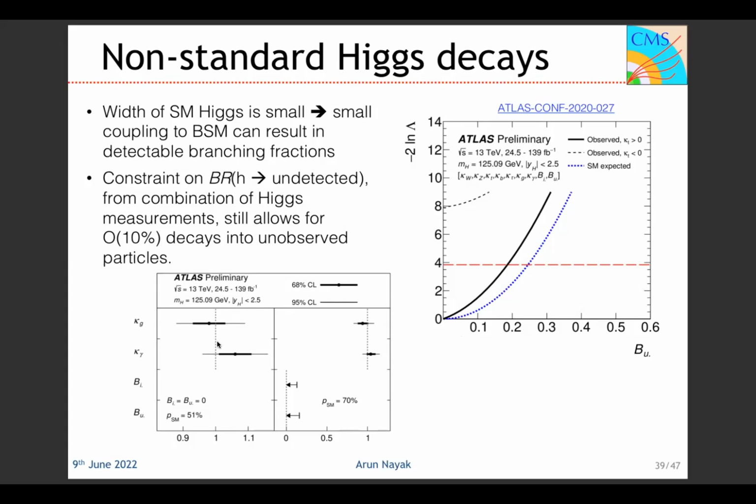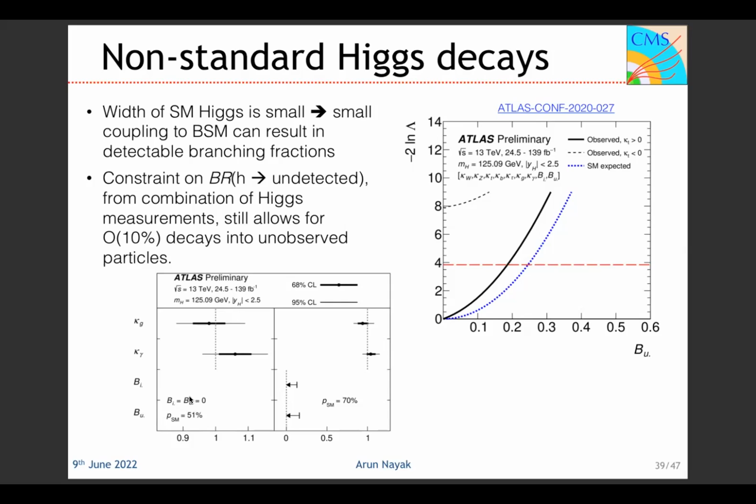You can see the same thing in this plot. If you assume the invisible and the undetected contributions to be 0, you get a compatibility between, say, these coupling modifiers to the effective gluon coupling and photon coupling to the Higgs, and this best fit value is compatible with the standard model expectation. If you calculate the p value for that, you get say 51%.